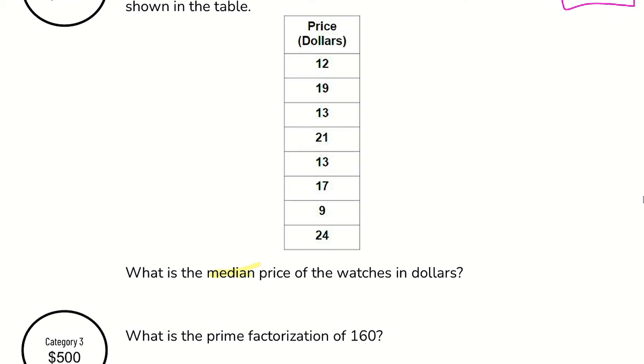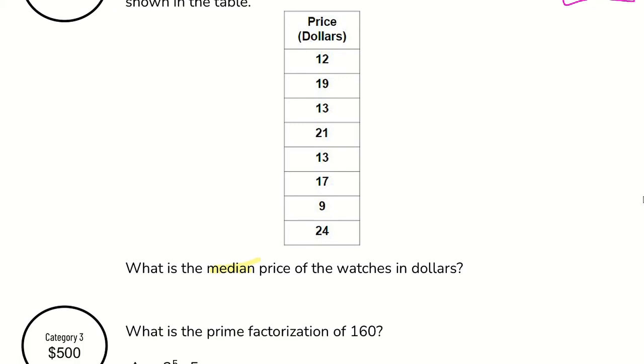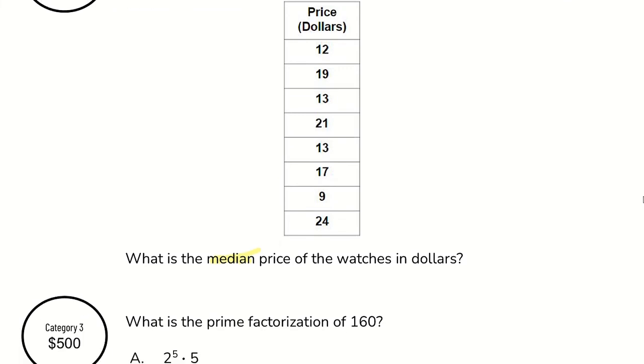So what do we need to do, Miss Neal, to figure out what numbers are in the middle? We've got to put them in order from least to greatest in order to find the middle, and they're not in least to greatest order. No, they're not. Let's go ahead and do that. So the first number is 9. That looks like the smallest number to me. Then we've got 12.